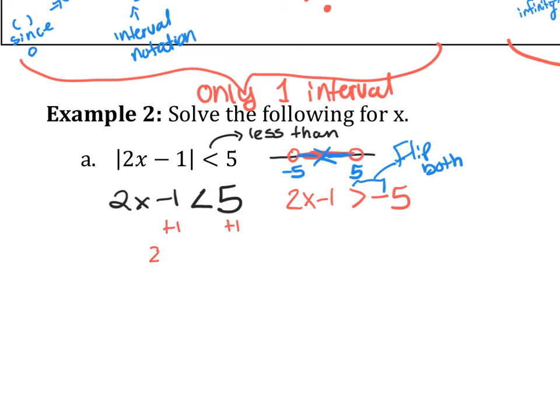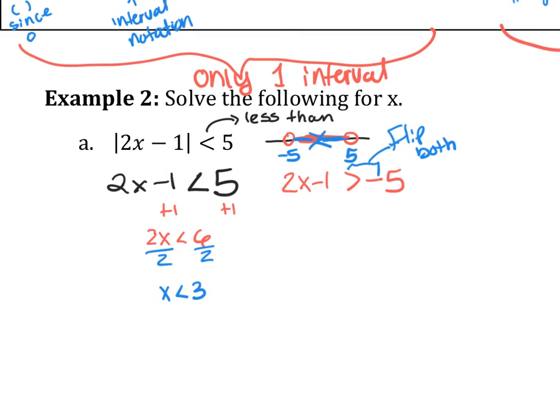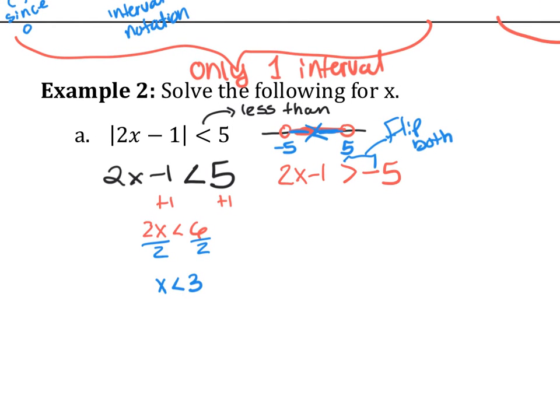We'll have 2x is less than 6. Then divide both sides by 2. So we'll have x is less than 3. Or, again, solve for x, so add 1, divide by 2, divide by 2. We'll have x is greater than negative 2.